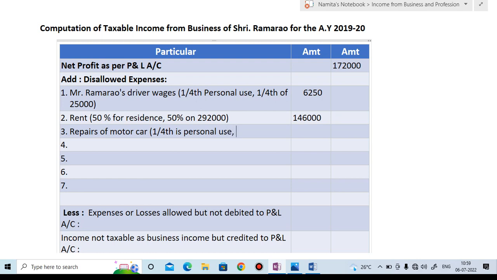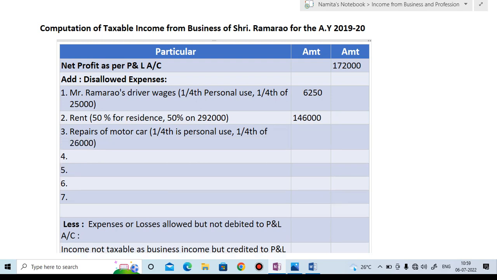That means 1/4 of 26,000. 1/4 of 26,000 is 26,000 multiplied by 1 divided by 4, that is 6,500.